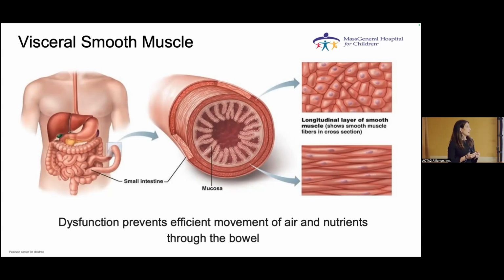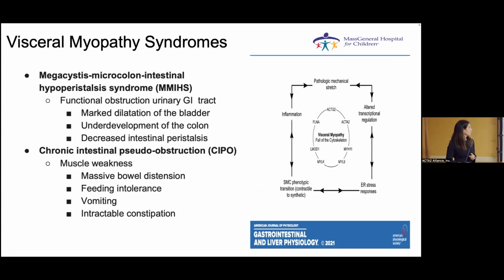But the smooth muscle also causes intermittent contractions that help with digestion and absorption. So when there's an issue with the smooth muscle, we see issues with the effective movement of the air and the nutrients through the bowel, and the absorption.